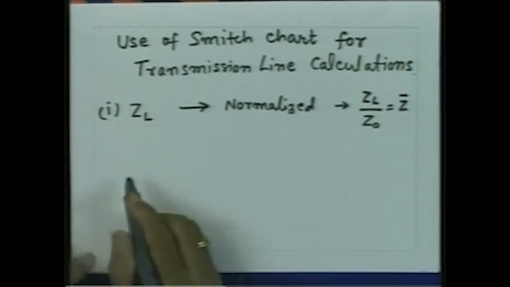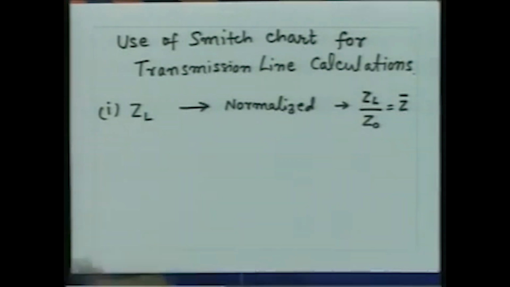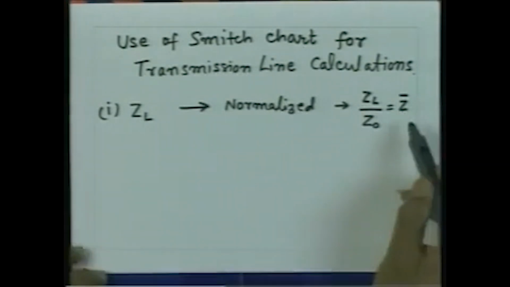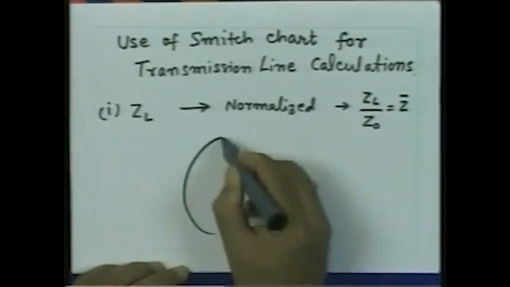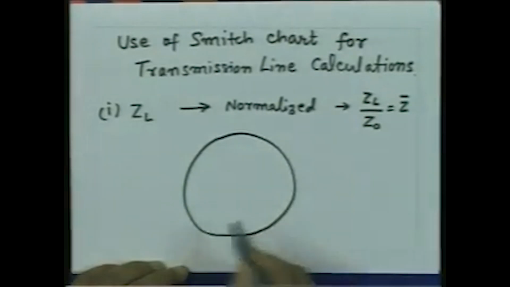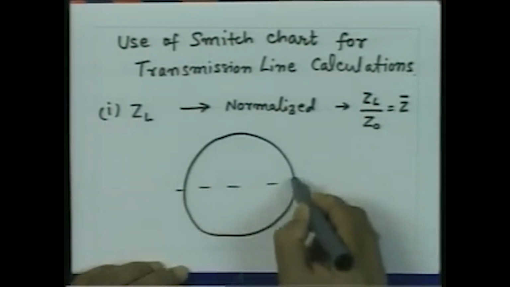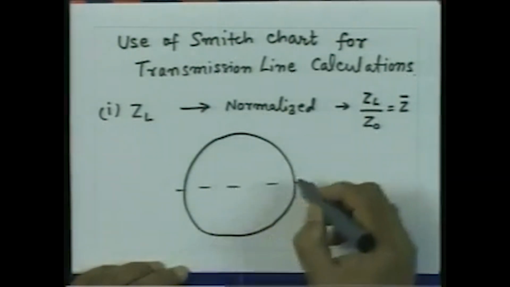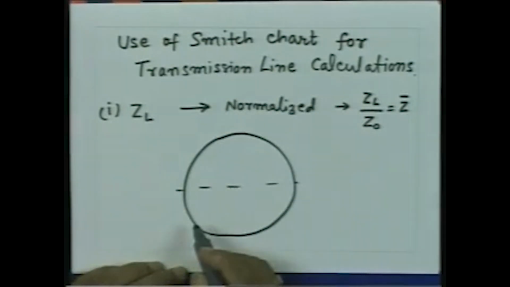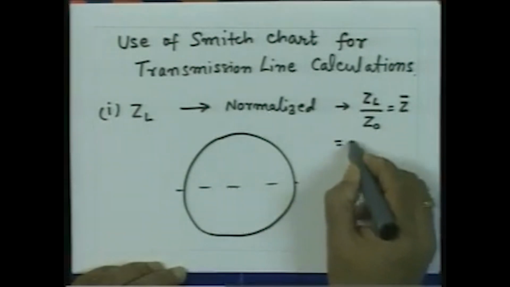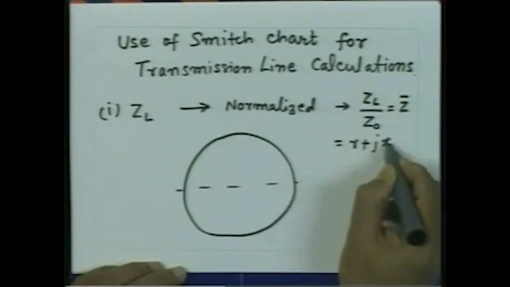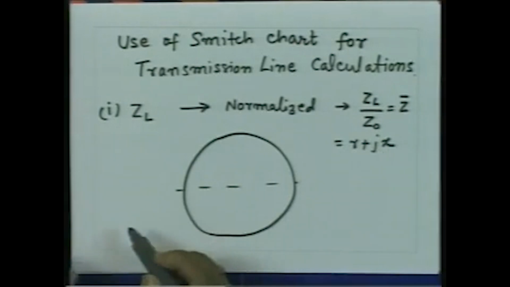Now, read this point on the Smith chart. If you recall, the Smith chart has a set of circles. These are the constant resistance circles which go like that, and the constant reactance circles which go like that. Let us say this is given by R plus jX, some value.